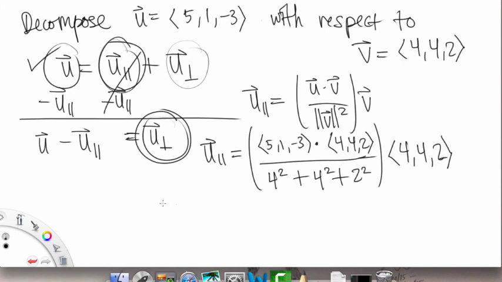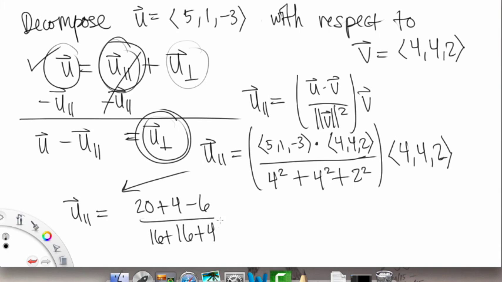Okay. So let's simplify some more. u parallel is going to be equal to 5 times 4 is 20, plus 4, minus 6, okay? And then that'll be over 16 plus 16 plus 4, all right? And then we have our (4, 4, 2).